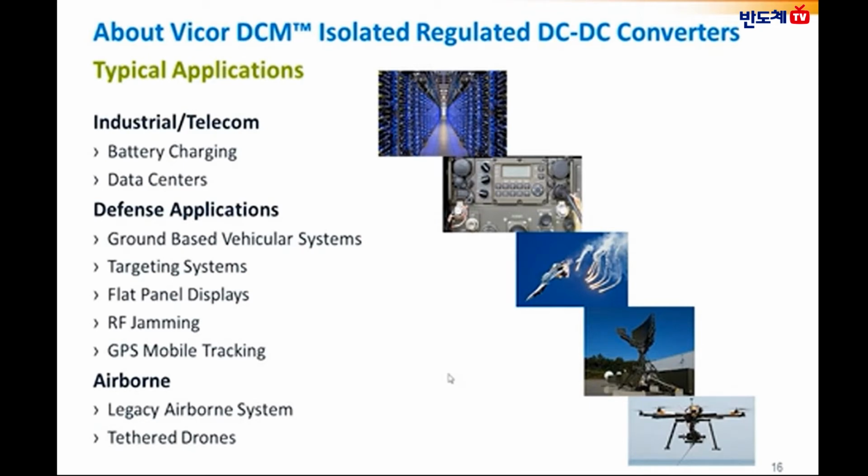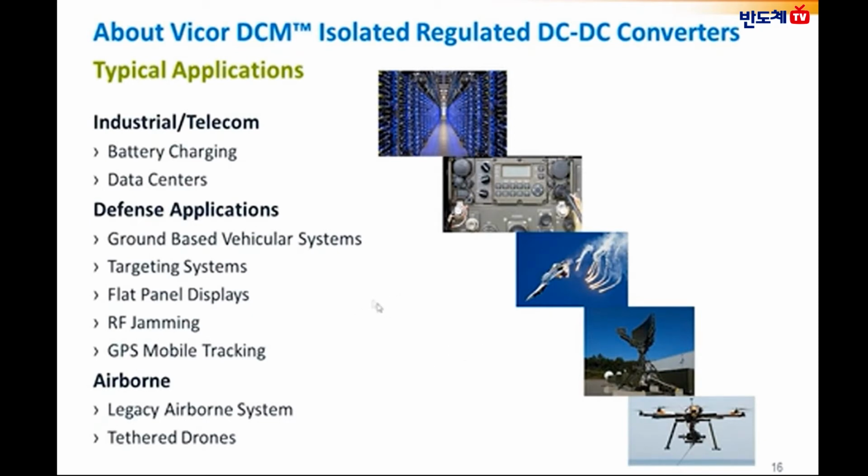And some of the typical applications of a DC to DC converter module are in industrial or telecom. DCMs can be used as a constant current device or constant voltage source for battery charging applications. DCMs are a good fit in defense applications due to their reduced size, weight, and higher output power capability.